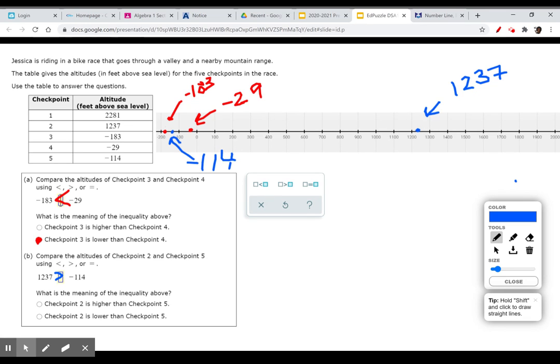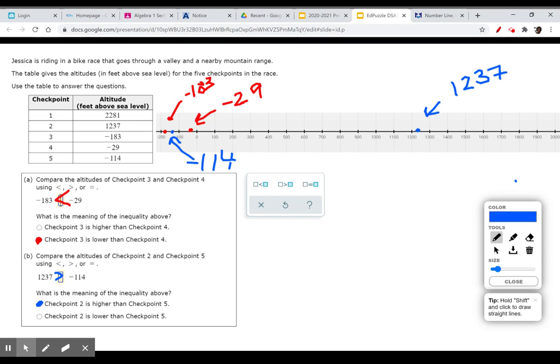Okay, what is the meaning of the inequality above? So let's make sure we're not making any careless mistakes. Checkpoint 2 is higher than checkpoint 5. Yes, it is. Checkpoint 2 right here is higher because it's more positive than checkpoint 5.